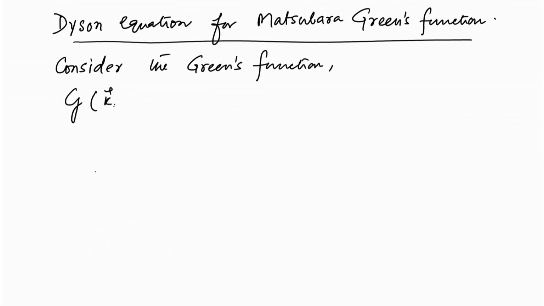G k, the k's are vectors, but since we have not been putting that, let us just remove this, and G(k, tau) is what we have seen.